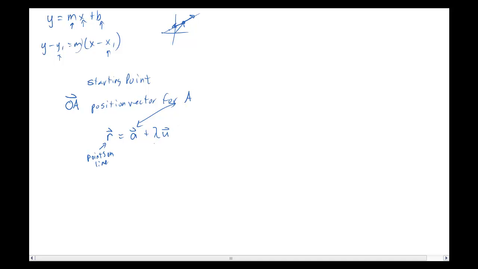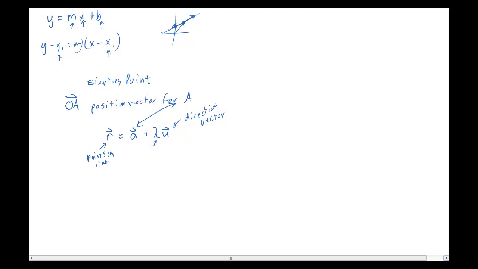Lambda is what's called a parameter, which is kind of like the x up here, showing that something happens over and over again, and u is our direction vector. As lambda changes, we accomplish that direction vector 1 time, 2 times, half a time, and that takes us to the other points, and it can go negative as well, which means it will cover all the points on our line. So this essentially gives us a starting point and the direction so that we can create a line using just vectors.